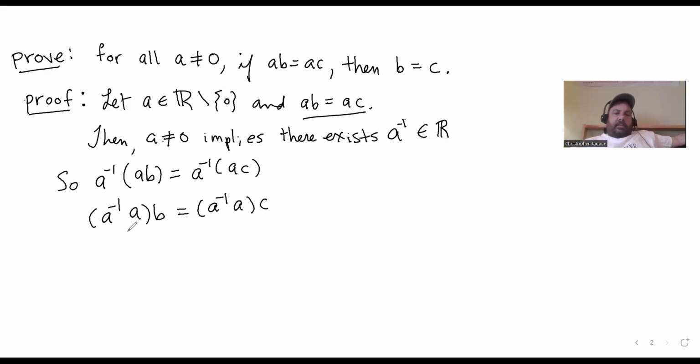And then A inverse times A is equal to 1 by the definition of a multiplicative inverse. So we get 1 times B equals 1 times C. And if you remember, there was another axiom that said 1 is the multiplicative identity. So when you multiply anything by it, it doesn't change the value. So 1 times B is the same thing as B. 1 times C is the same thing as C, so we get that B equals C, which is what we wanted to conclude. So that's the end of that proof.